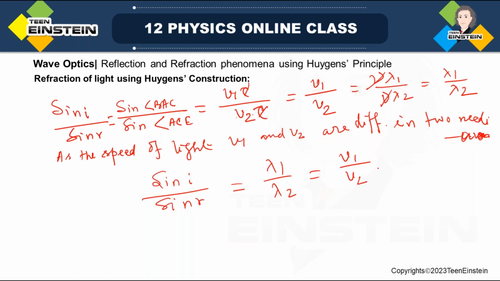So look, what we can do is write this somehow in terms of refractive index. If we write this c by v1, we have to write here also c by v2.